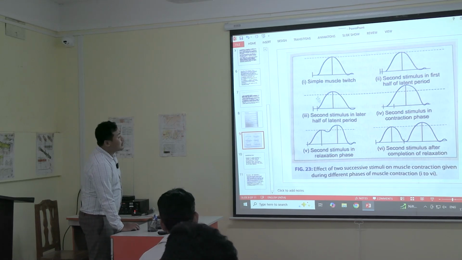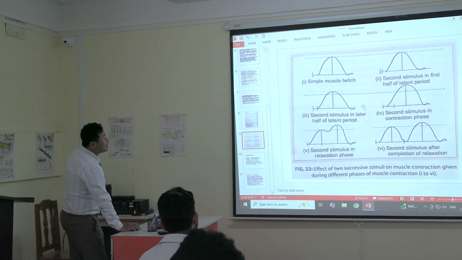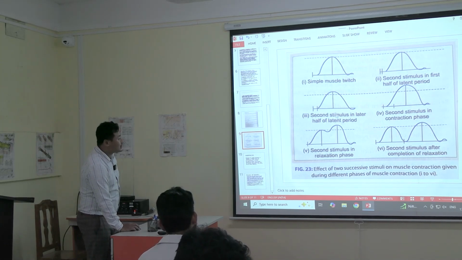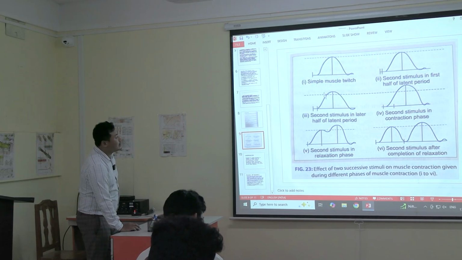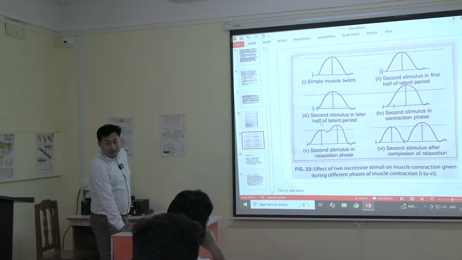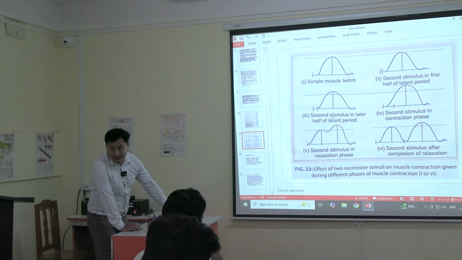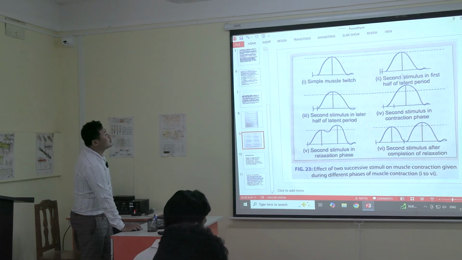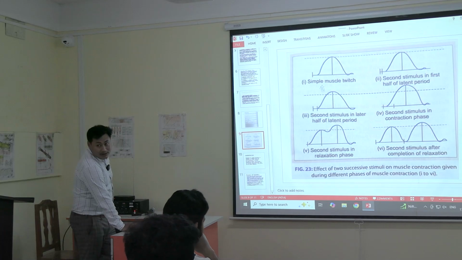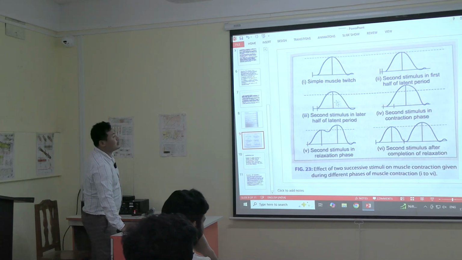But if we give the stimulus in the latter half of the latent period, there is an increase in the height of the contraction. If we compare this one with this one, there is an increase. This is called the beneficial effect. The first stimulus is beneficial to the second one.